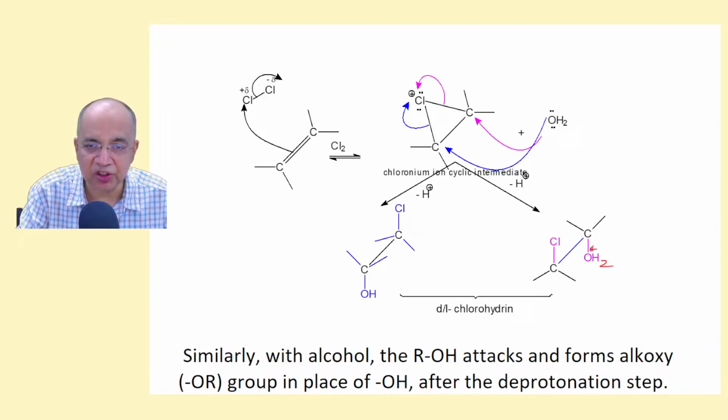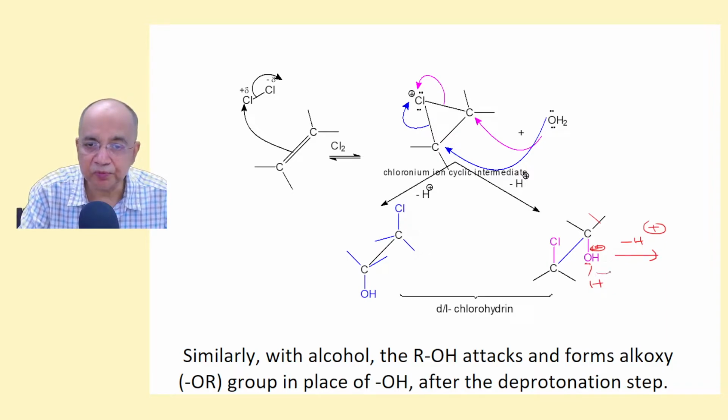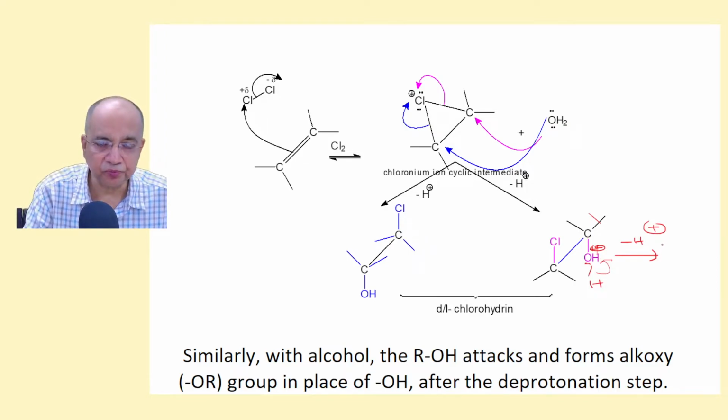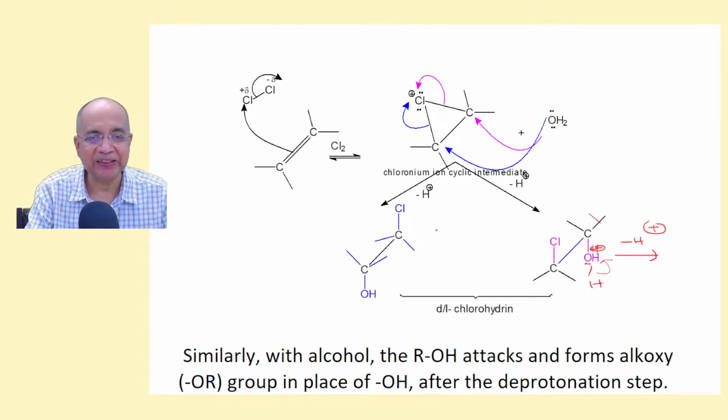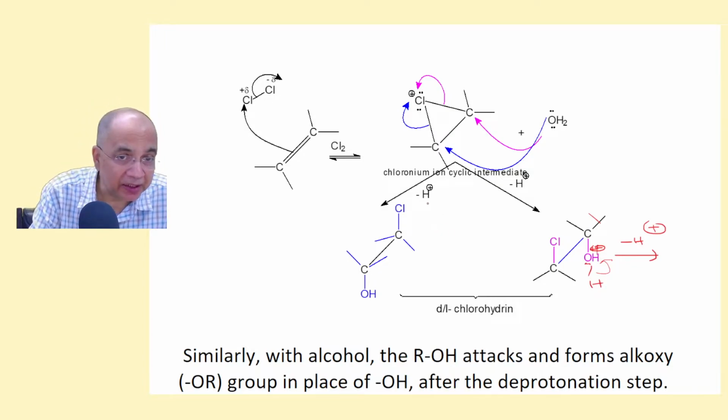O will carry plus charge and a lone pair. One lone pair will be there. Then deprotonation, minus H plus. Deprotonation. The H plus ion has to go, and in the same manner, here also it will be previously like this.